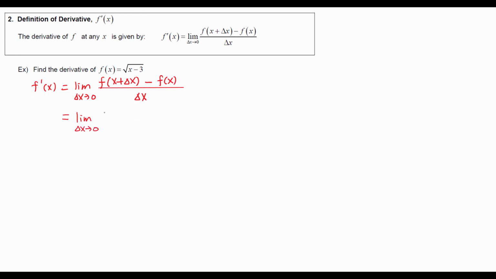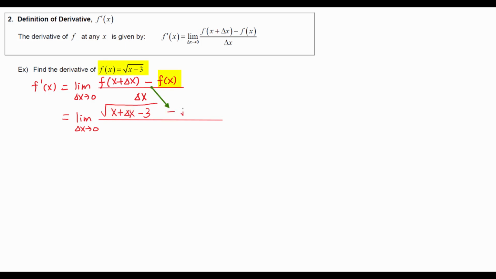Which is equal to the limit as delta x approaches 0. Now if you go back to your function, my f of input is the square root of input subtract 3. So for my f of x plus delta x, your input is x plus delta x. When you apply that to the function above, square root of input subtract 3, and your input is x plus delta x, it will be the square root of x plus delta x subtract 3, minus f of x.